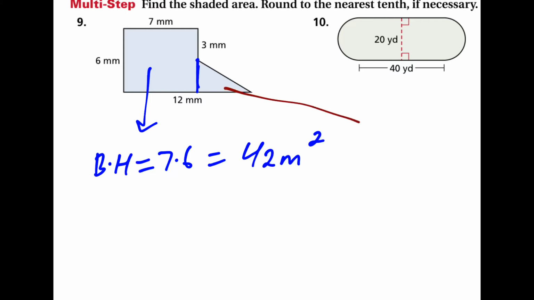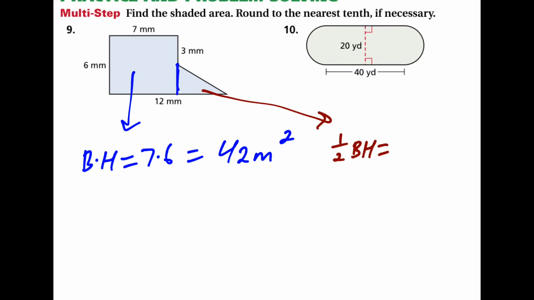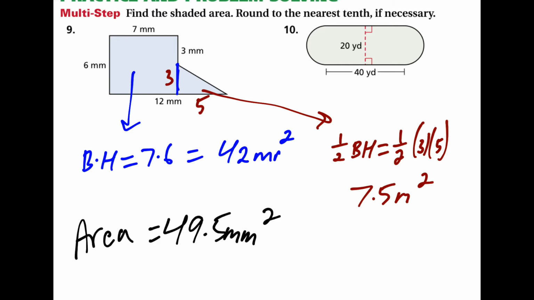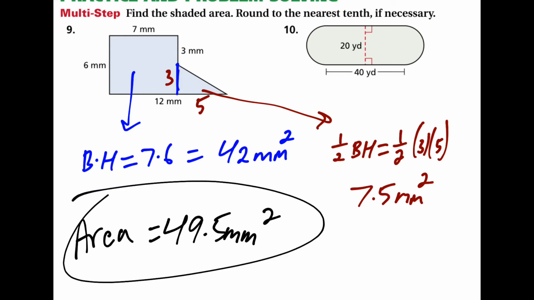The area of the triangle is going to be 1/2 times base times height, and we can plug in 12 minus 7, which is 5 for the base, and 6 minus 3, which is 3 for the height. So if I take 5 times 3 and get 15, and I cut that in half, I get 7.5 millimeters squared. If I add these two together, I guess I should be putting 2 m's on all of these. Oops. But if I add these together, I get 49.5 millimeters squared.